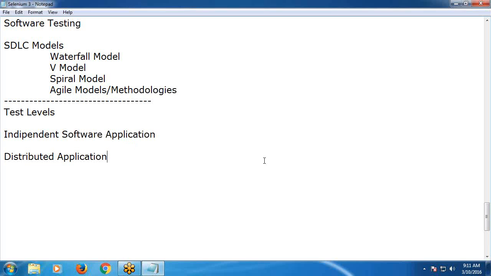Observe, for an independent software application, there is no dependency. For distributed applications, there is dependency. For example, an internet banking application is a distributed application. Here dependency is there. If you pay a bill, say a power bill, it interacts with the electrical application system database.